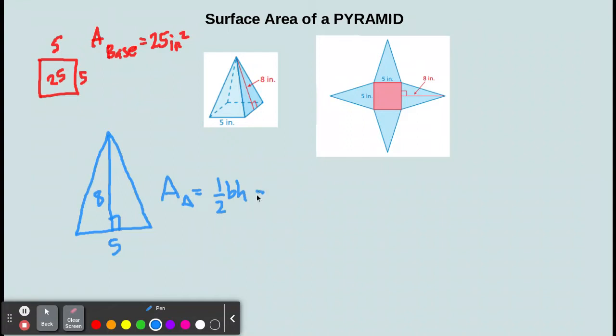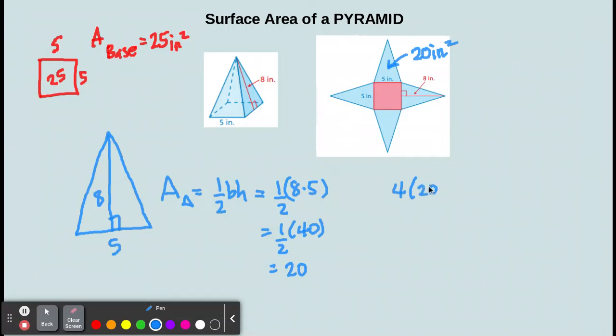So 1/2 times 8 times 5, which is 40, and 1/2 of 40 is 20. So just one of these is 20 inches squared. We have 4 of them, so altogether 4 times 20 equals 80.